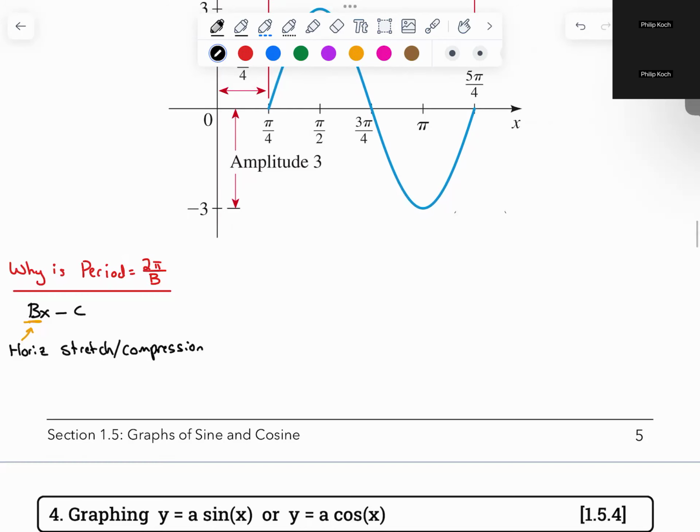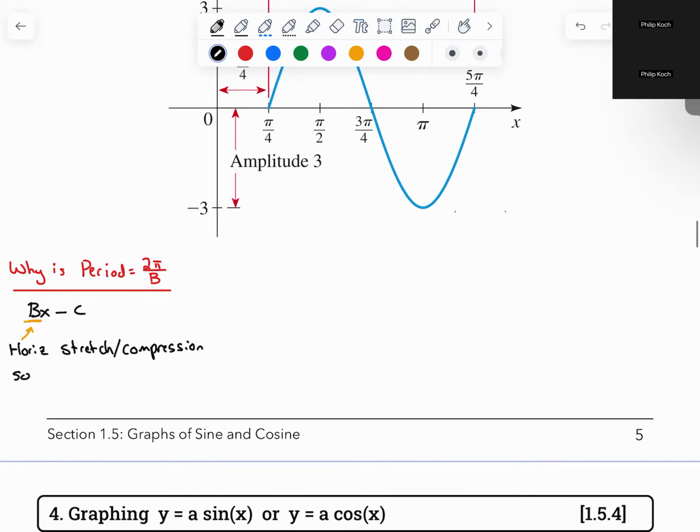So it will stretch or compress the graph based on what the size of b is. Stretch / compress the graph horizontally.